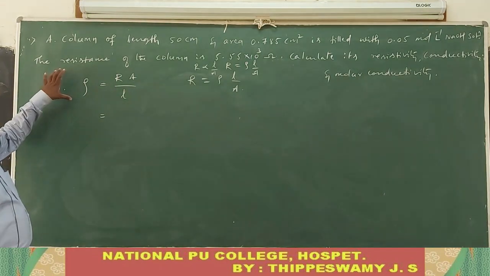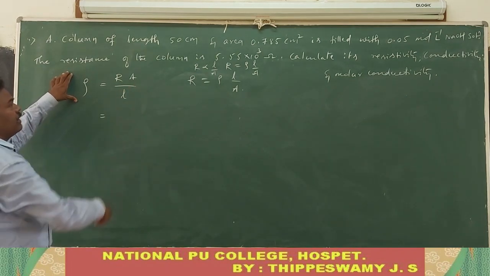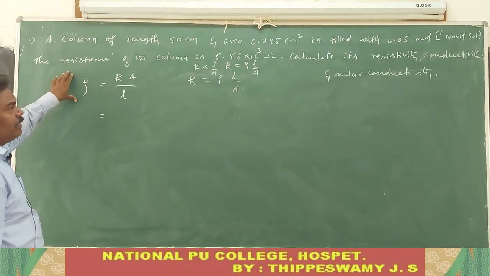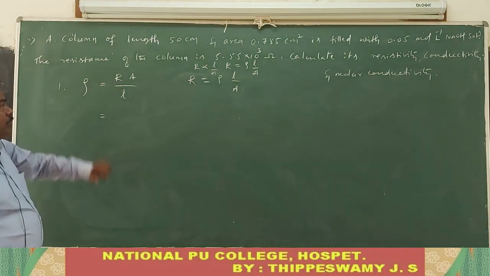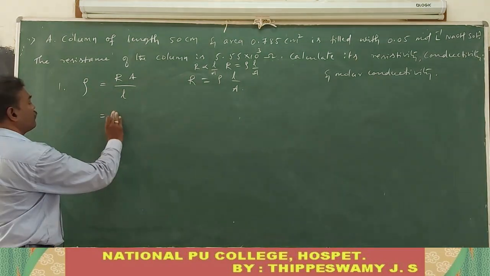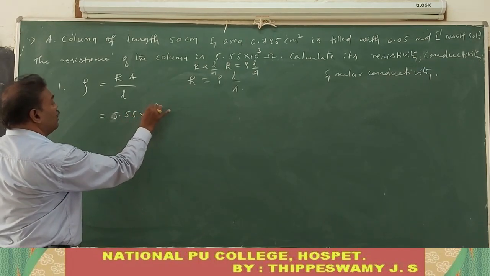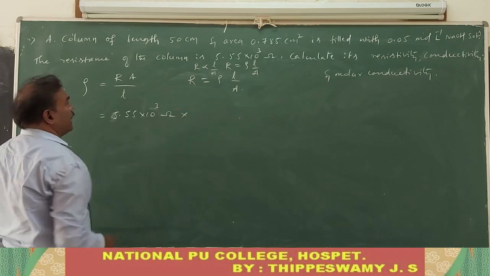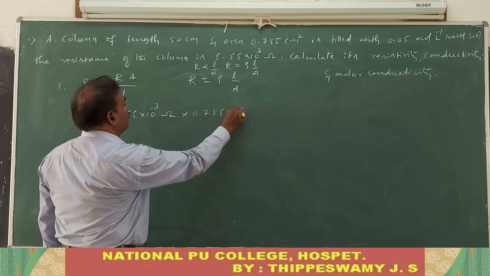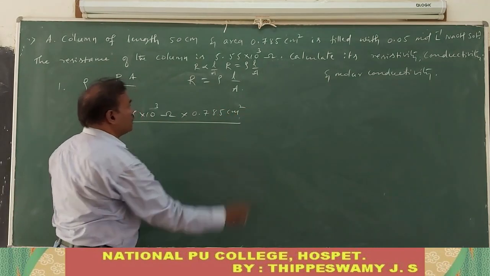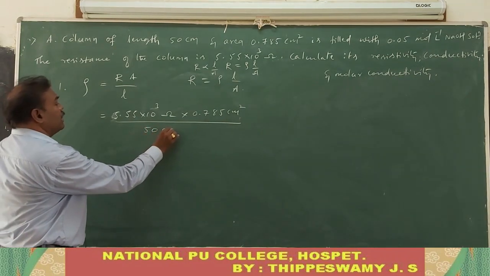Now we take a column of length 50 centimeter and area 0.785 centimeter square, filled with 0.05 mole per liter solution. The resistance of the column is 5.55 into 10 to the power 3 ohm, into the area 0.785 centimeter square, divided by the length of the column, 50 centimeter.